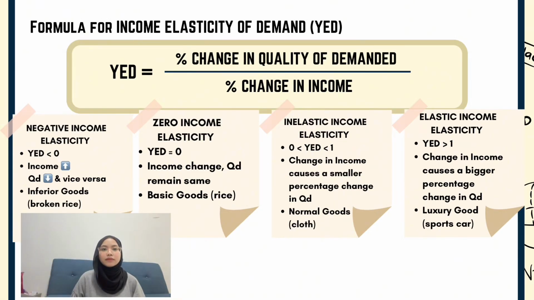There are 4 types of income elasticity. The first one is when YED is less than 0, which is negative income elasticity. This happens when demand for a product decreases as income increases. People tend to buy less of this product when they have more money.